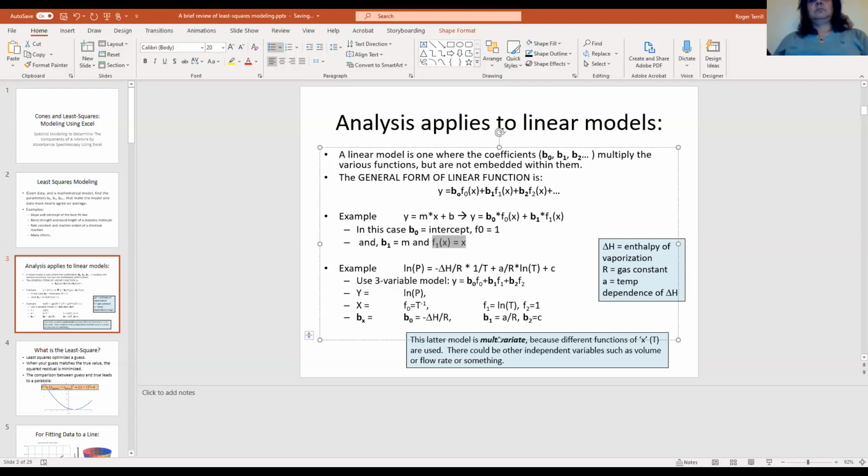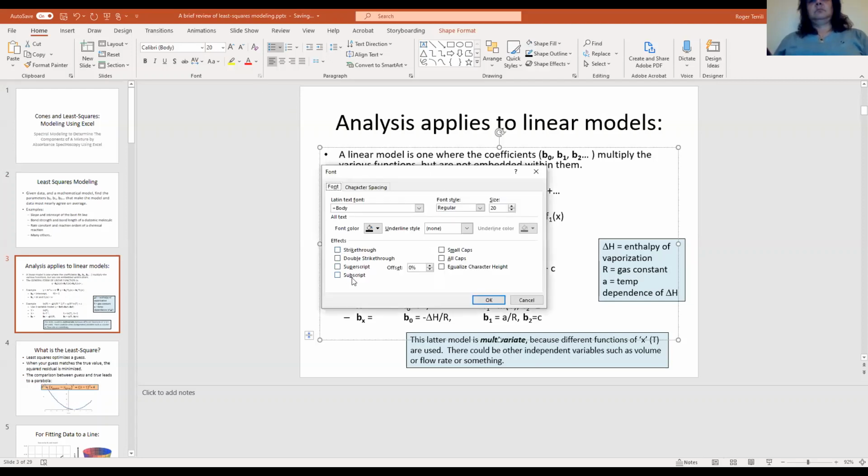And B1 is M, and F1 of X is equal to X. So I'm going to nuke in this case. B0 is the intercept. F0 is 1. All right, I'm going to edit this guy.